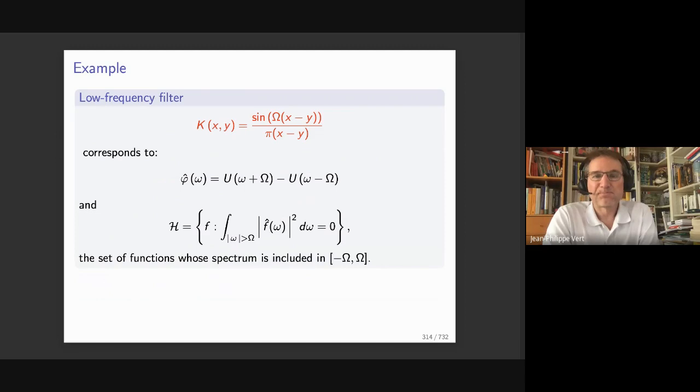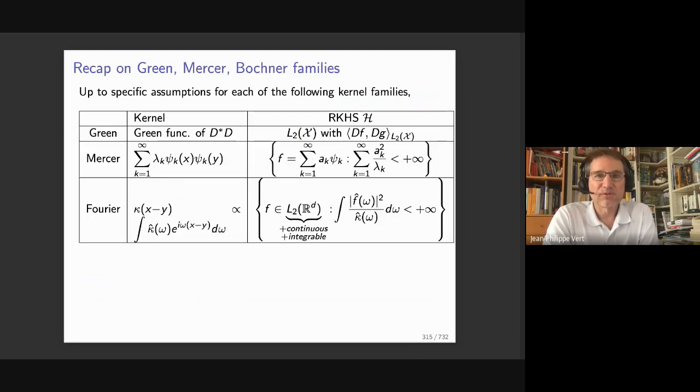All right. So I hope this gave you not only some general mathematical results. So we have seen Bochner's theorem and Mercer's theorem, as well as the RKHS definition.